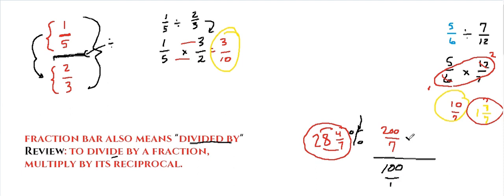To solve that, we multiply by the reciprocal. Check for canceling. We can divide these both by 100. It's 1/2. Multiply across, 2 over 7.